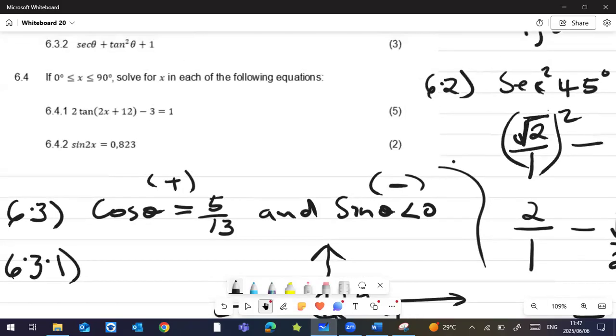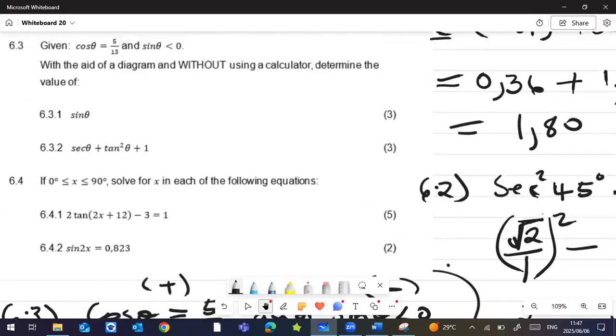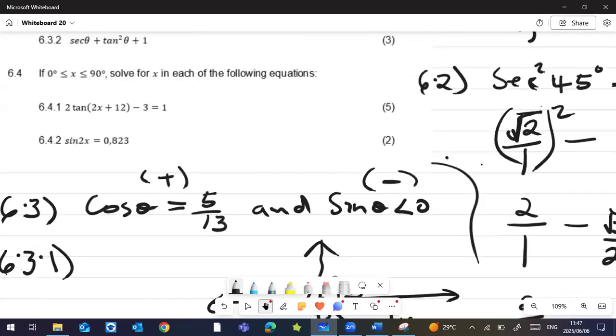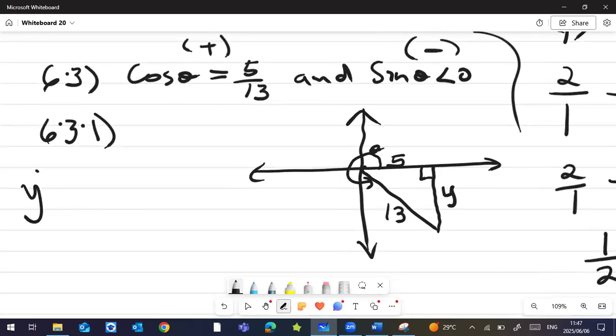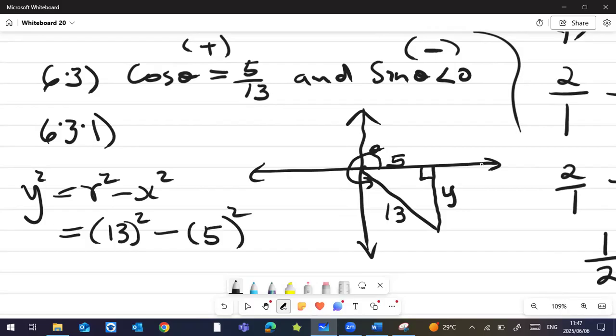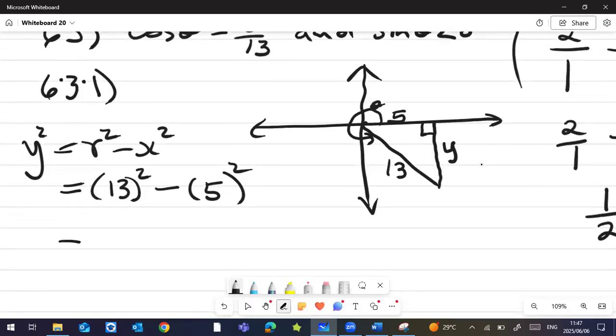They want us to find the value of sine theta. So for us to find the value of sine theta, we must complete the diagram because sine is opposite over hypotenuse. The opposite side is that y, it's unknown. So we must calculate it. So using Pythagoras, y squared equals r squared minus x squared. Our r, which is the hypotenuse there, is 13 minus our adjacent there, which is 5. That will be our x in this case.